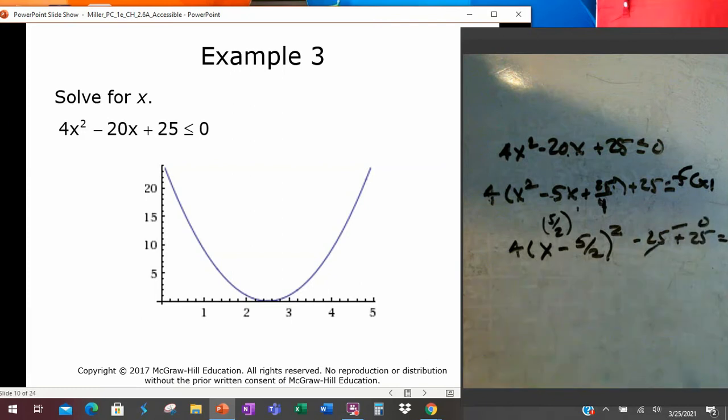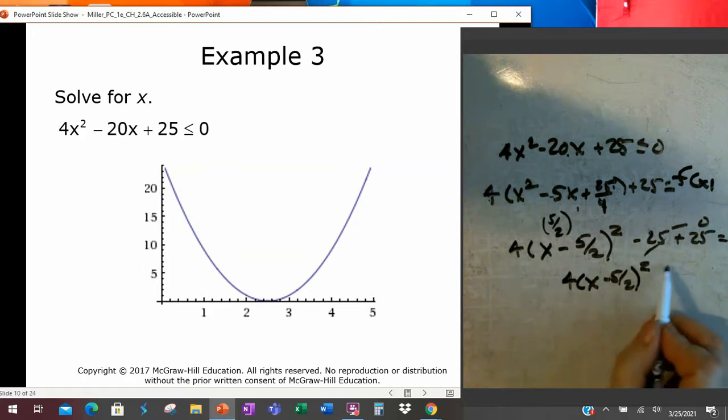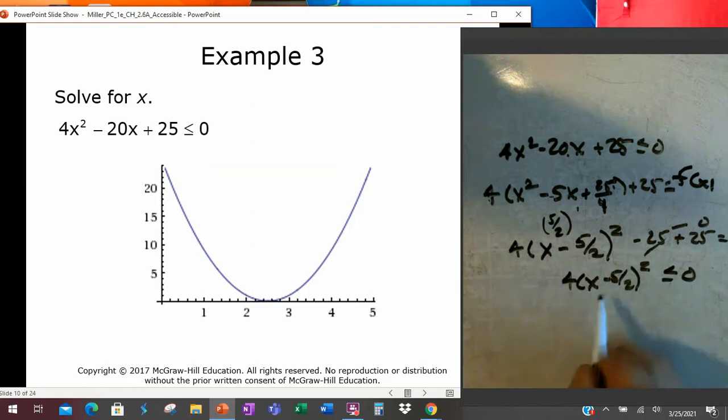Okay. So I want to know if this was graphed out, when is that less than or equal to 0? And this is when it's equal to 0.